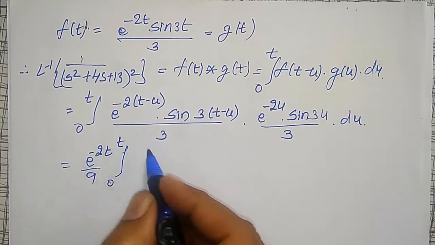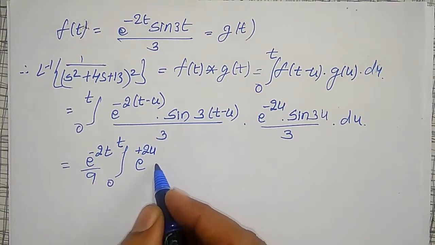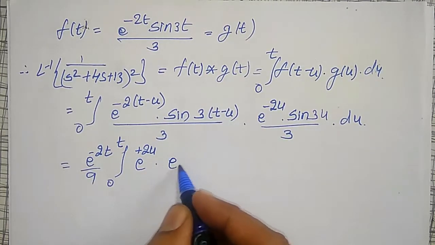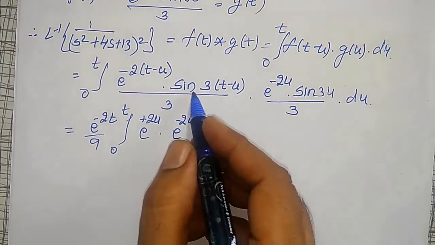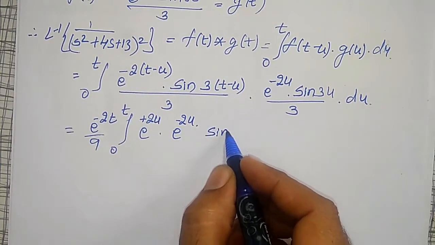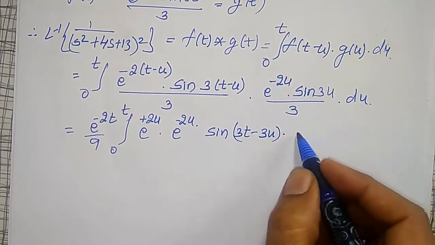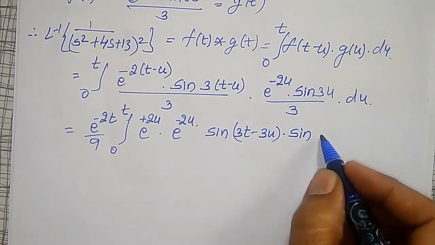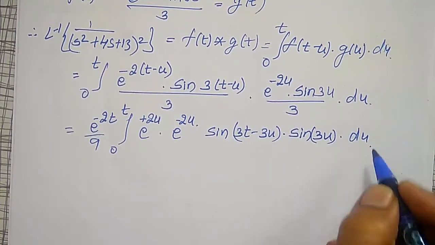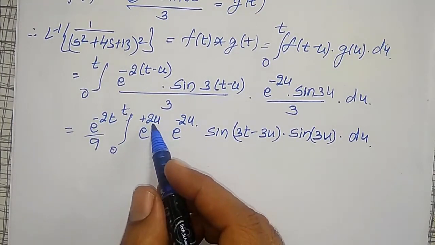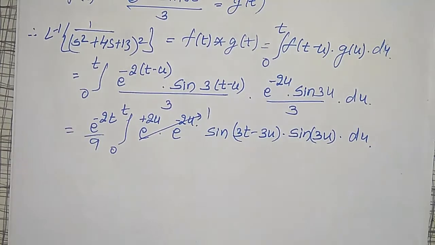Integration from 0 to t e to the power plus 2u into e to the power minus 2u, and this term is sine of 3t minus 3u into sine of 3u will remain as it is into du. And here e to the power 2u into e to the power minus 2u equals 1.